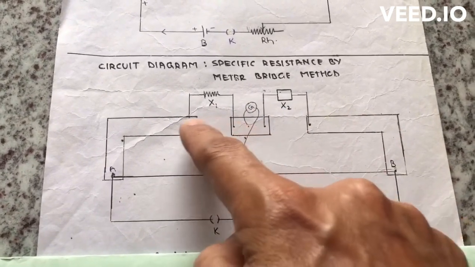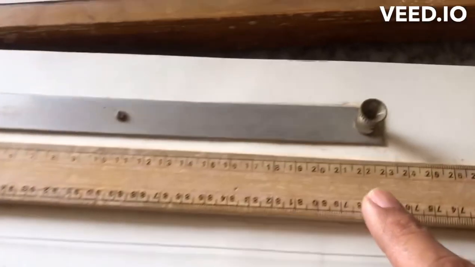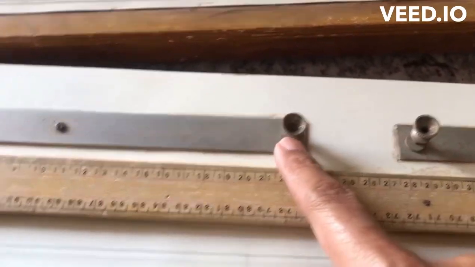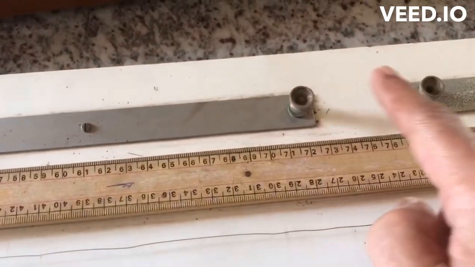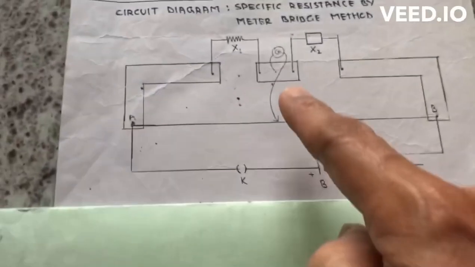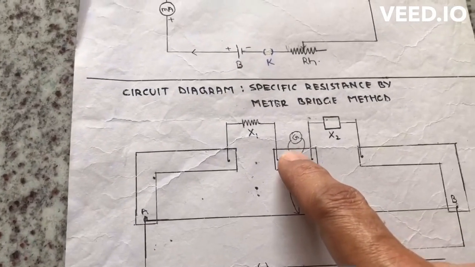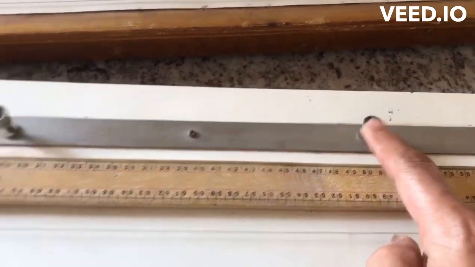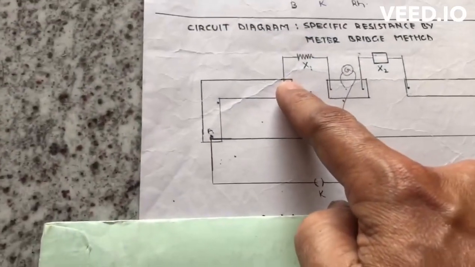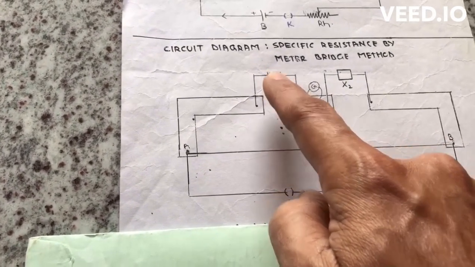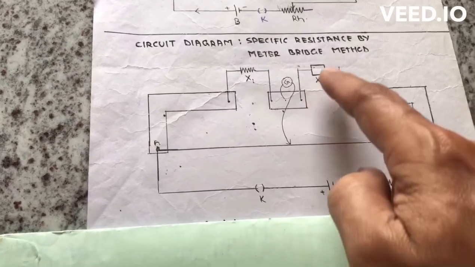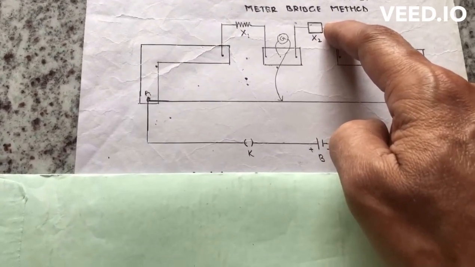This is the first gap, and this one is the second gap. This one is a middle terminal, to which you have to connect the galvanometer. Between the first gap you connect the unknown resistance, and between the second gap you connect the known resistance in the form of a resistance box.